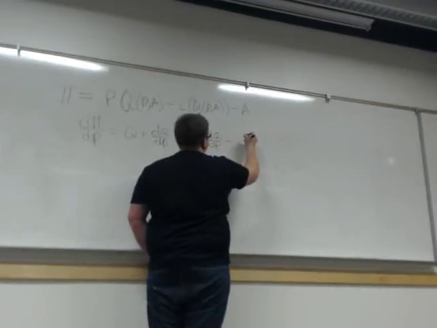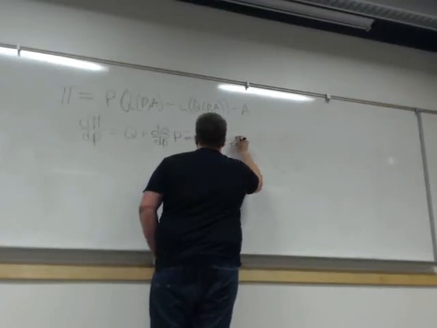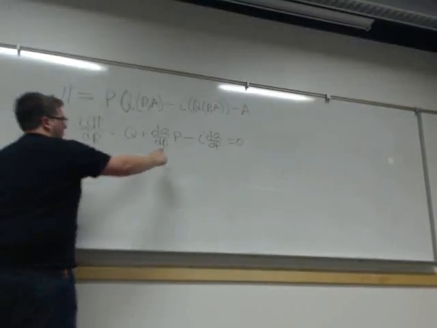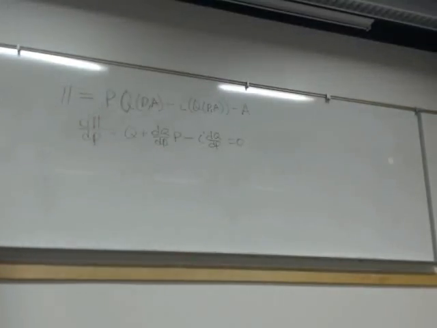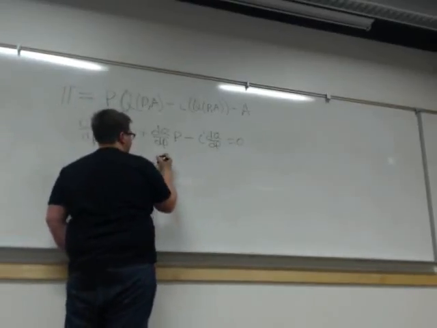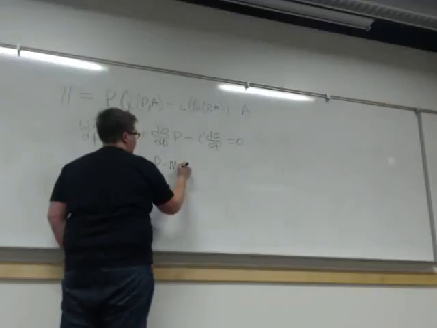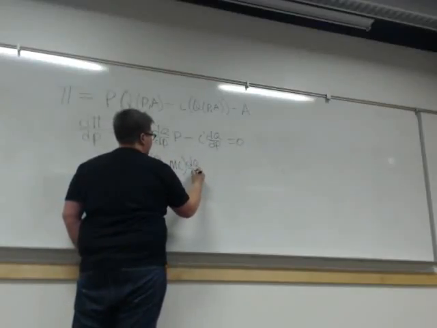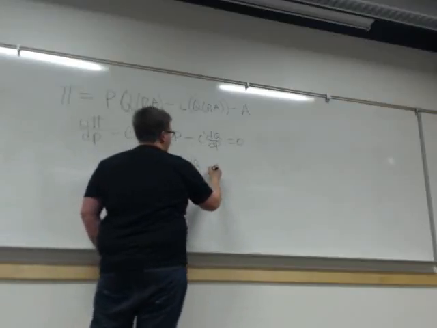I'm lazy about writing that all out, and then this equals 0. So note that we have price and marginal cost. We're going to move our Q to the other side, so we'll get price minus marginal cost equals negative Q.